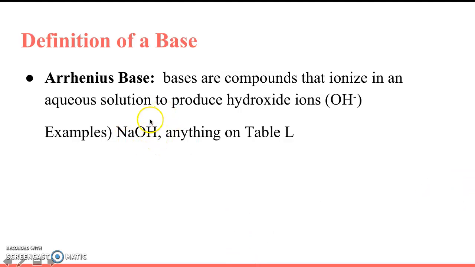Again, you're looking for that OH, or anything that's listed on table L in your reference table. Bases can also be described as proton acceptors. So instead of donating, like we saw with our acids, they will take that proton that an acid has donated and accept it.